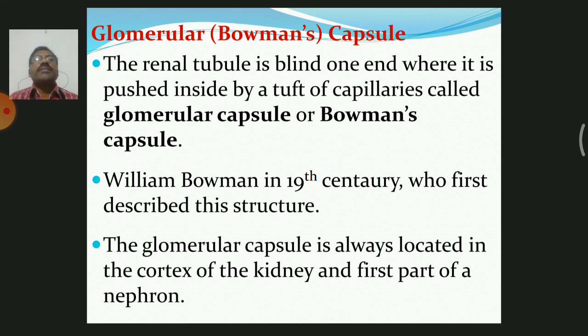Why the cup-shaped appearance? Because the blind end of the renal tubule is pushed inside by the blood capillaries, giving it a cup-like shape. William Bowman in the 19th century first described this structure.